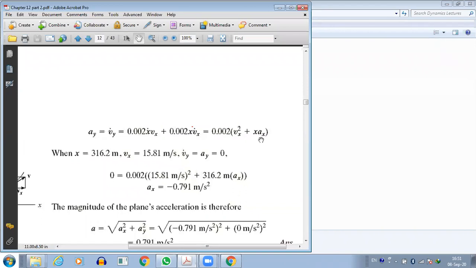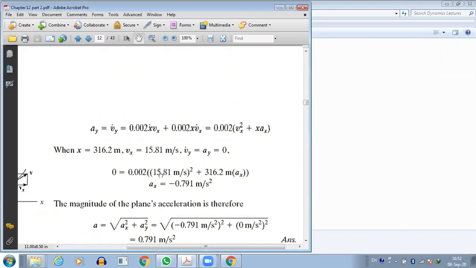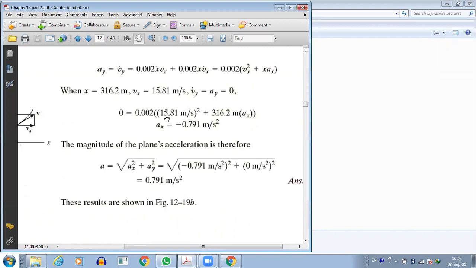Now here Ax is unknown. You already have Vx, which you just calculated. You already have Ay, which is 0. X is known. So the only thing unknown is Ax, and you can find Ax from this equation. Once you have Ax and you know Ay, you can find A, and you can find the other things as well. So this problem is solved.